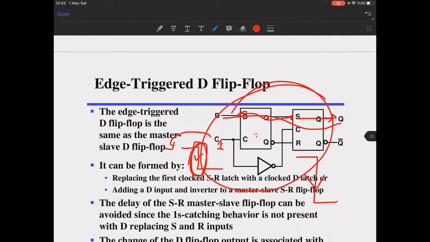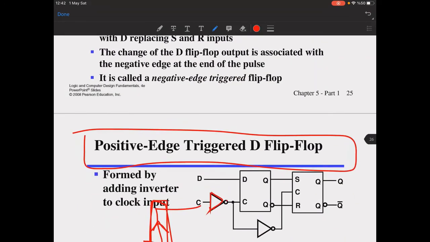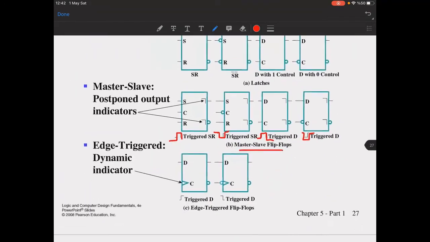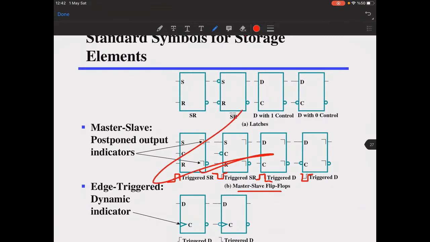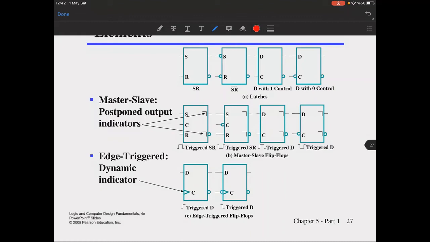Finally, our edge triggered flip-flops are given at the bottom here. This is the symbol for the positive edge triggered D flip-flop and the negative edge triggered D flip-flop. These are the things that you need to keep in mind here. These are pulse triggered, like at any given time, this one.